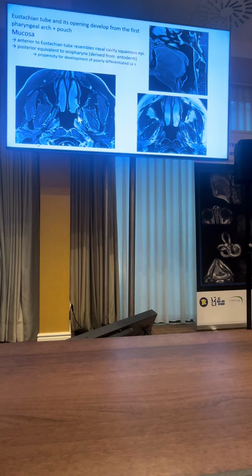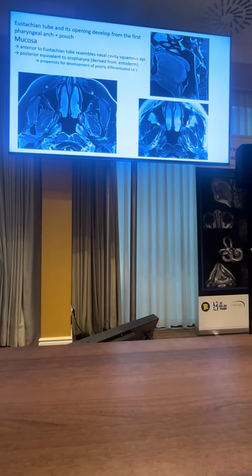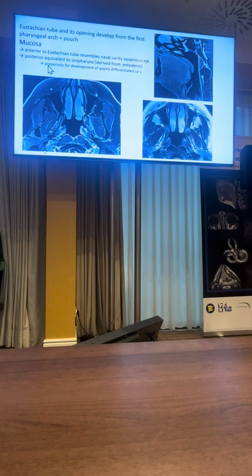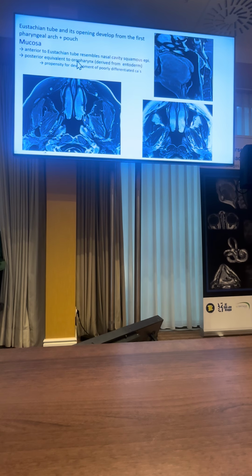This one resembles the nasal cavity squamous epithelium. The one at the posterior wall and in the lateral pharyngeal recess is derived from entoderm and resembles the oropharynx mucosa and is thicker. And due to the different developmental origin, this one has a propensity for the development of poorly differentiated carcinomas.